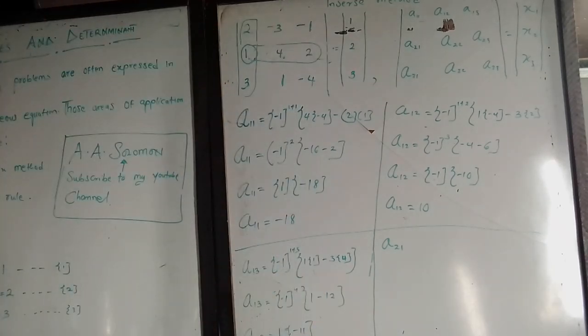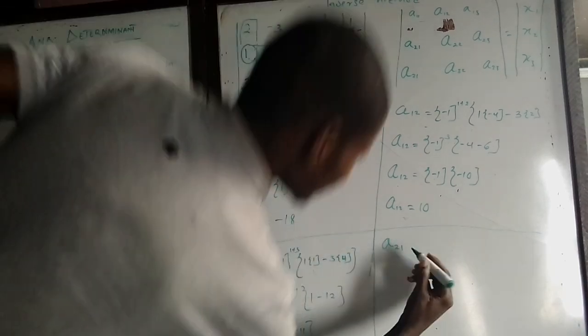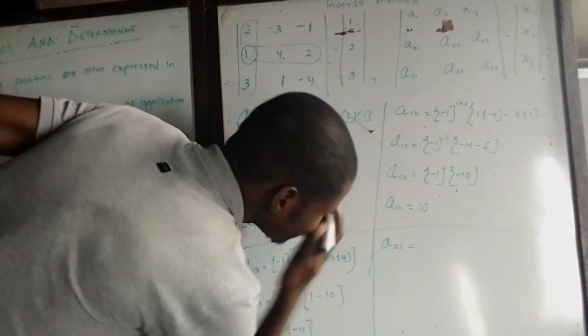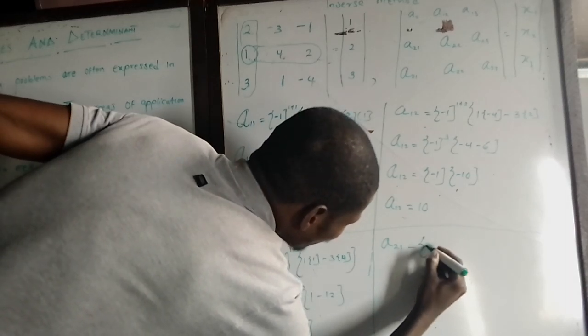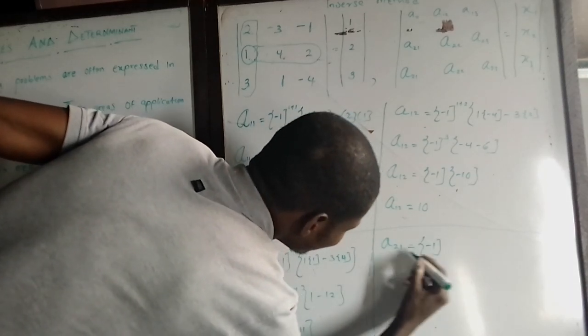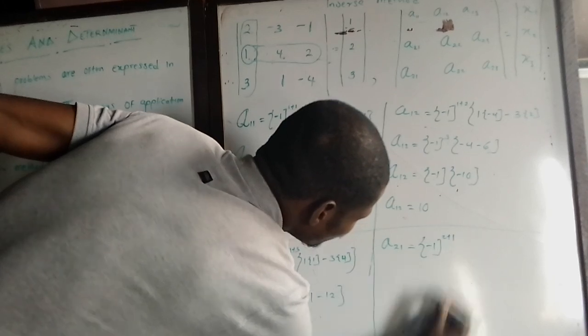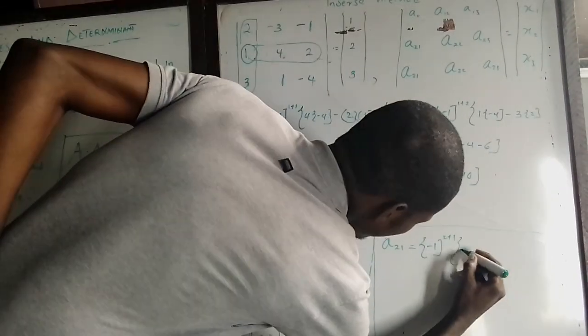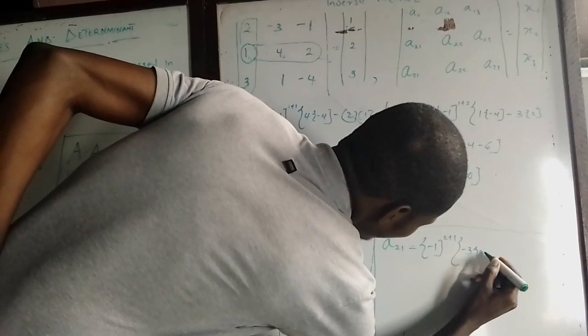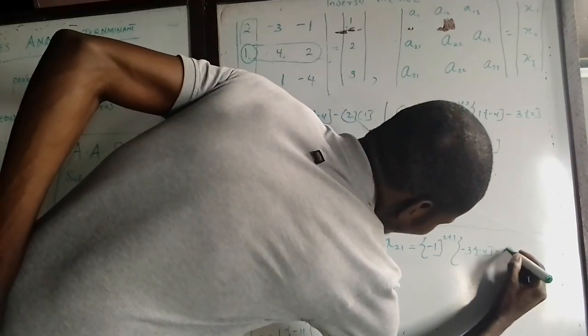Do we understand? So now we are going to say minus 3. You are going to repeat your minus 1, which is always what? Constant. So you repeat this 2 plus 1. Open bracket. Minus 3 times minus 4, then minus 1 times plus 1.